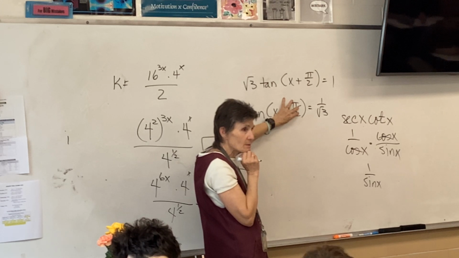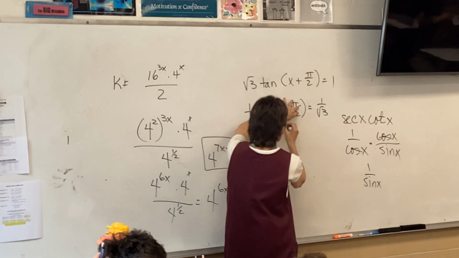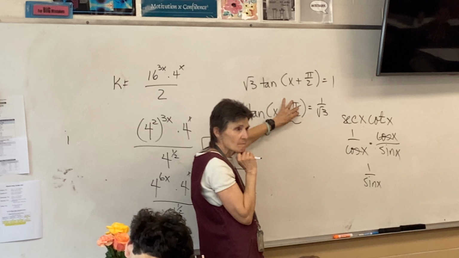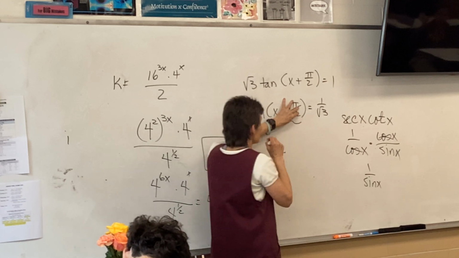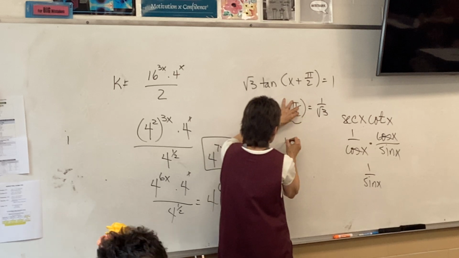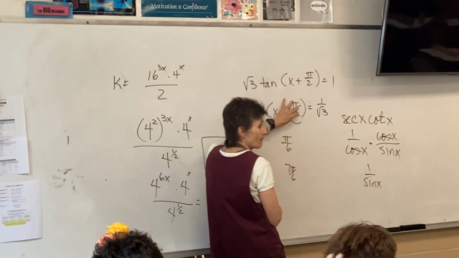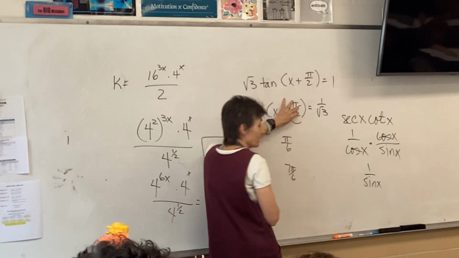Pi over 6. By the way, is there any other place? 7 pi over 6? So if this right here is pi over 6 or 7 pi over 6, when you take the tangent of that, you're going to get 1 over root 3.